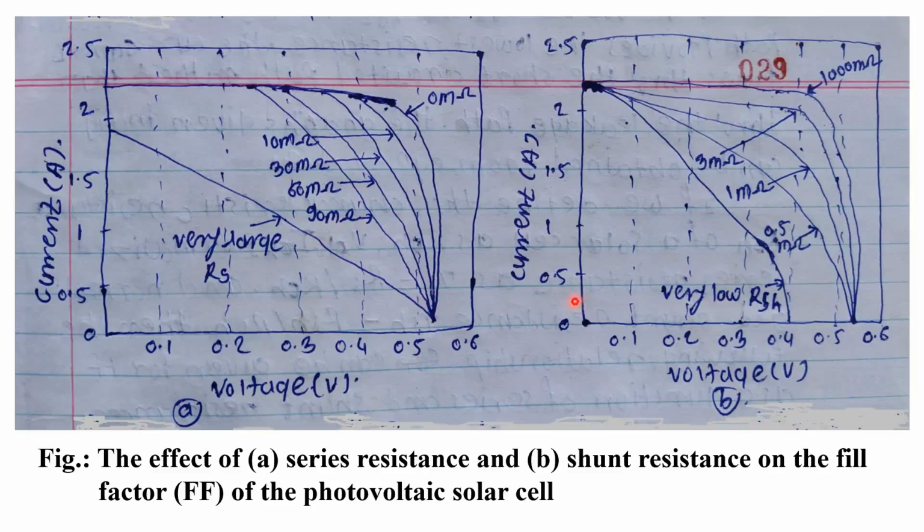Next, for shunt resistance, the values are 1000 mega ohm, 3 mega ohm, 1 mega ohm and 0.5 mega ohm. This is a very low RSH, where RSH means shunt resistance. This is graphically represented in the figure.